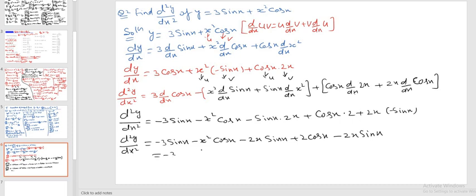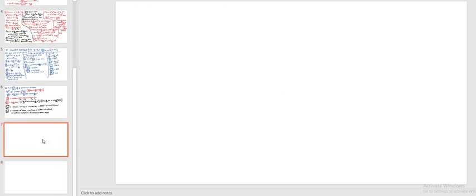So it is coming minus 3 sin x minus x² cos x minus 4x sin x plus 2 cos x. This is your answer of question number 2. Hopefully you people understand about the higher order derivatives.